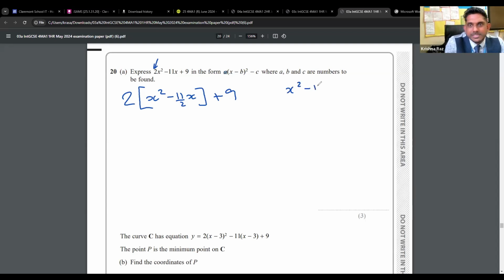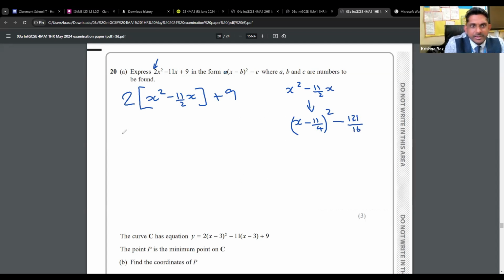So x squared minus 11 over 2x will become x minus half of 11 over 2, which is 11 over 4, squared minus 11 over 4 squared. So we get this.